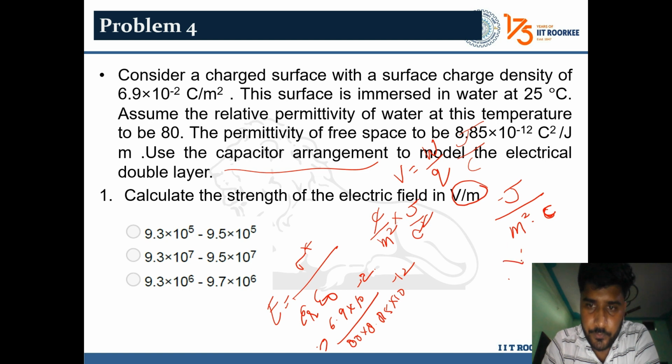Joule is equal to volt into coulomb, that is meter square in coulomb. So you will get the same units, and this will cancel out. Coulomb per meter square, and the 8.85 10 to minus 12 coulomb square per joule.